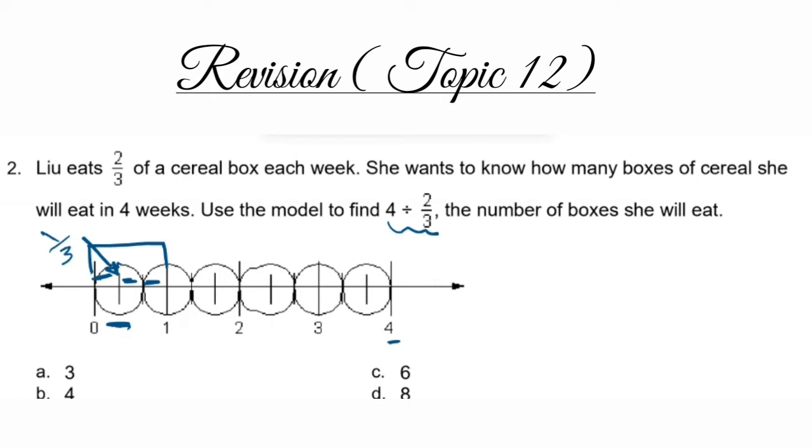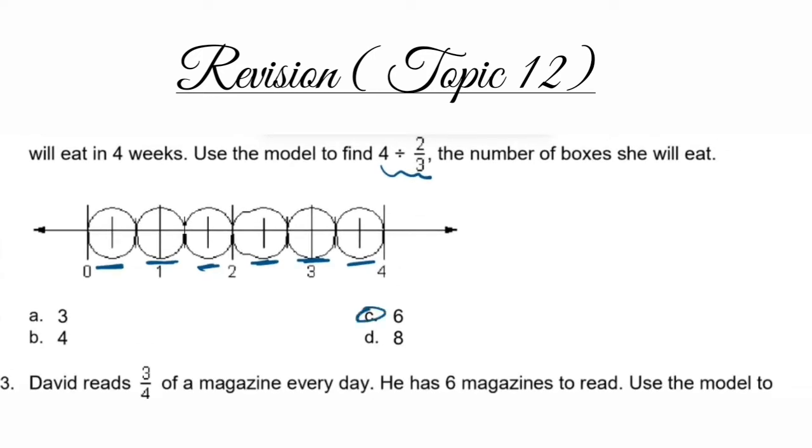Let's count how many 2/3 in a whole 4. 1, 2, 3, 4, 5, 6. So we have 6 2/3 in a whole 4, and the answer is C.